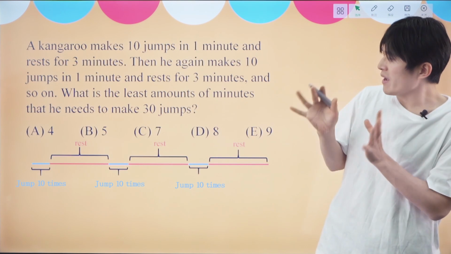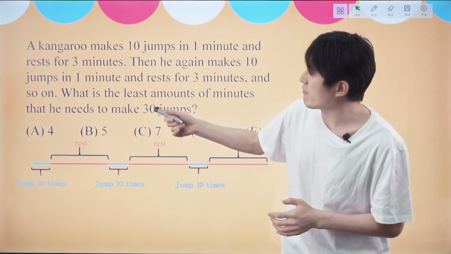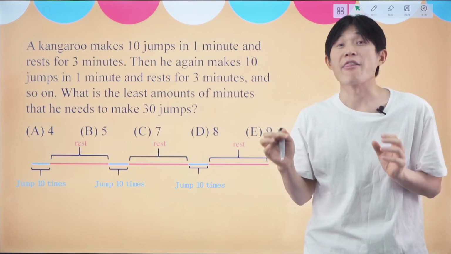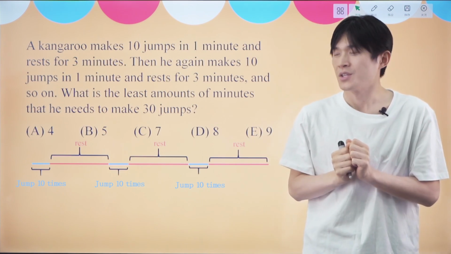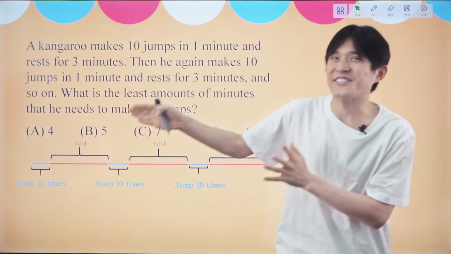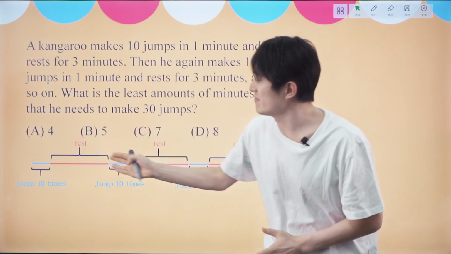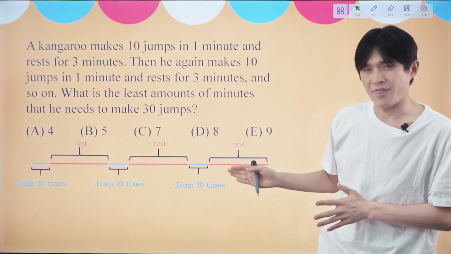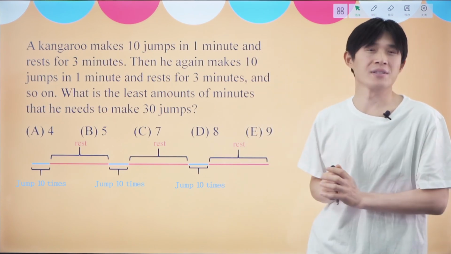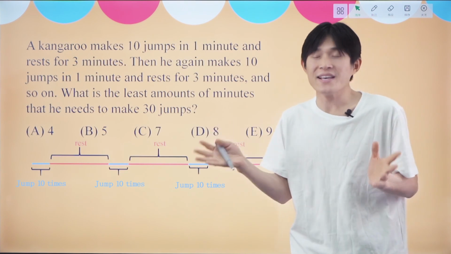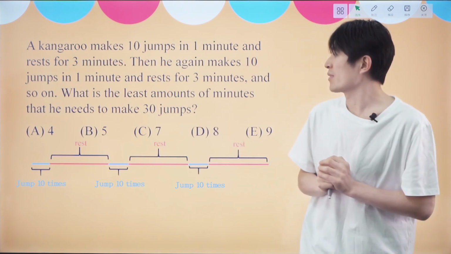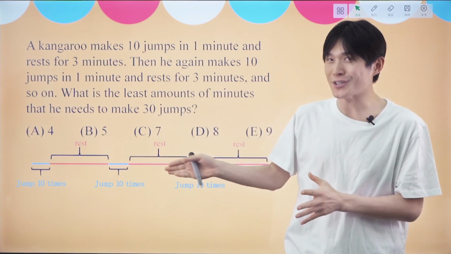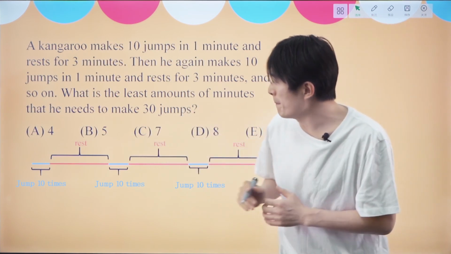So to find the least amount of minutes that he needs to make 30 jumps, we need to know that at the start there will be 10 jumps. At the end, there will be 10 jumps. And then we'll get the least amount of time. So we notice that at the start, there is a jump.